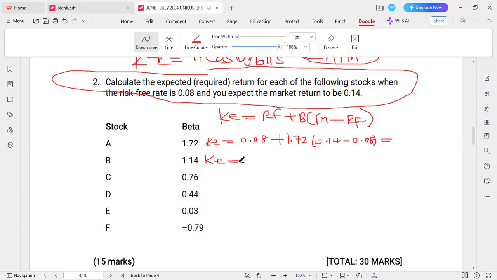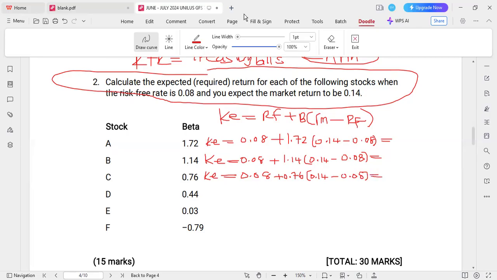For the next one, our KE is the risk-free rate 0.08, then plus 1.14 on 0.14 minus 0.08. We can get the value. Our KE for this other one would be 0.08, then plus 0.76 on the return of the market 0.14, then minus the 0.08.